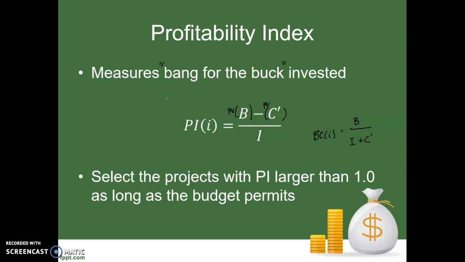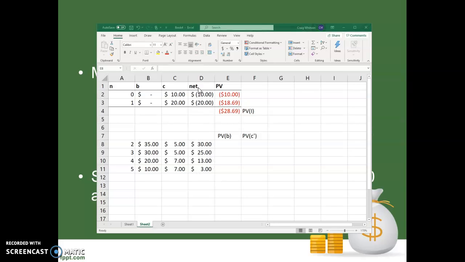But that would be the same thing as finding the present value of the benefit minus the cost. And that's basically what I already have calculated. In my spreadsheet here, this net column, this is the benefit minus cost. Okay, so I don't necessarily need to find these 2 present values separately.